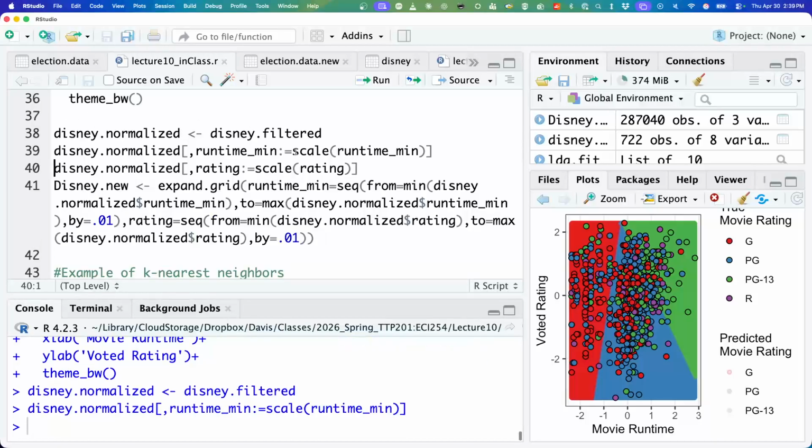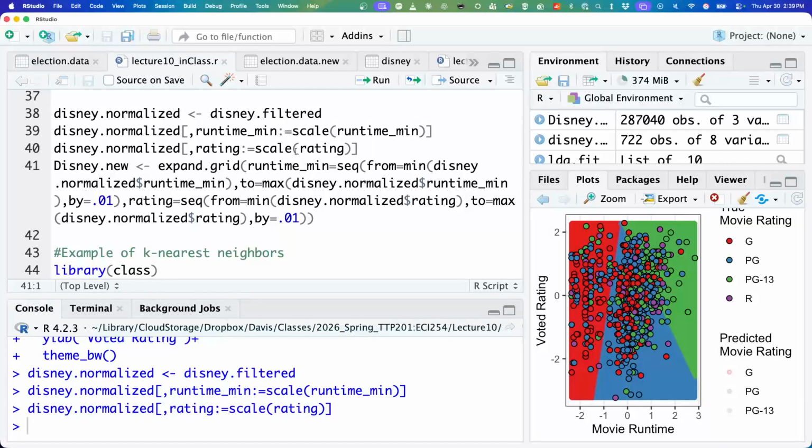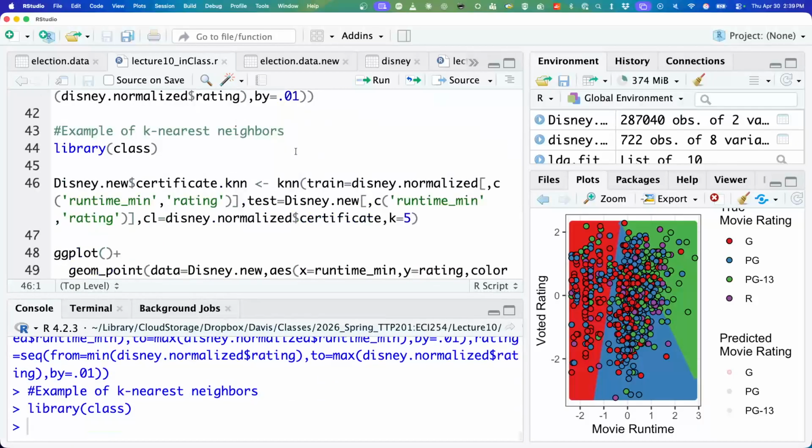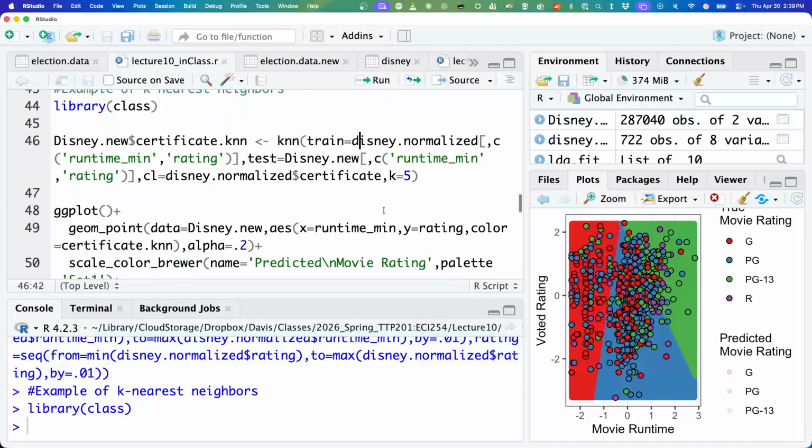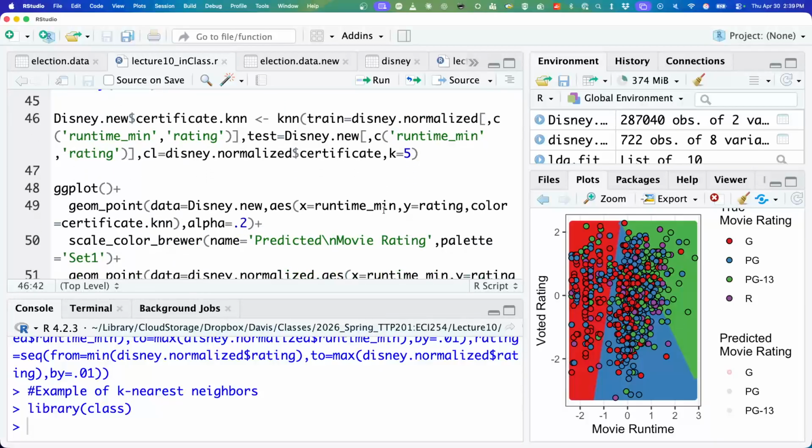This is normalizing the data to scale everything so that when I do the distances, it's all comparable. And then we use a library called class that runs a KNN. KNN is a k nearest neighbors model.